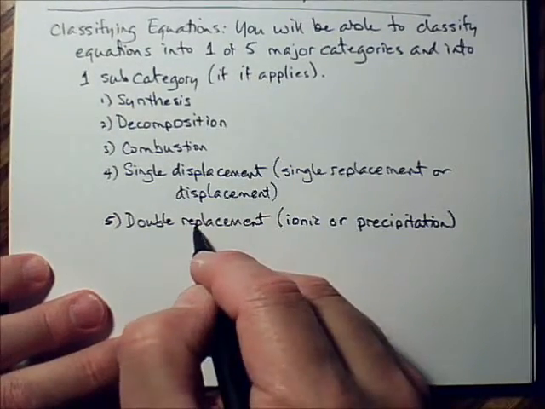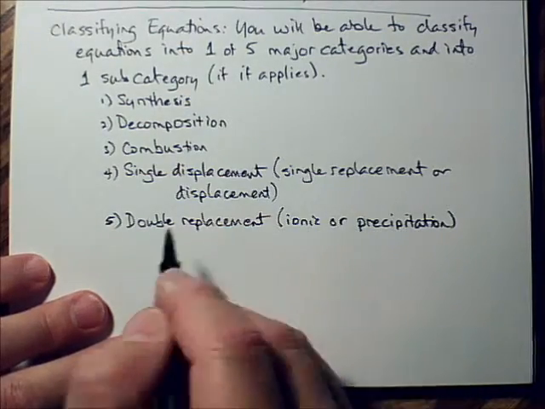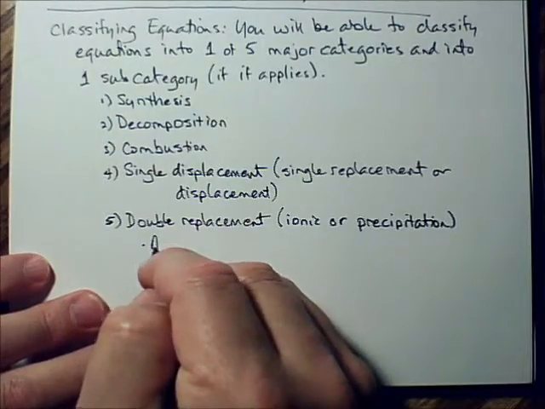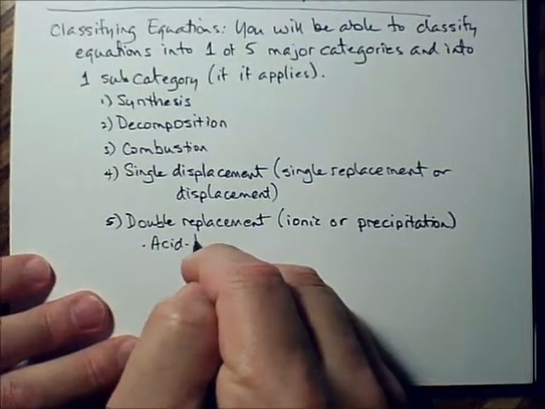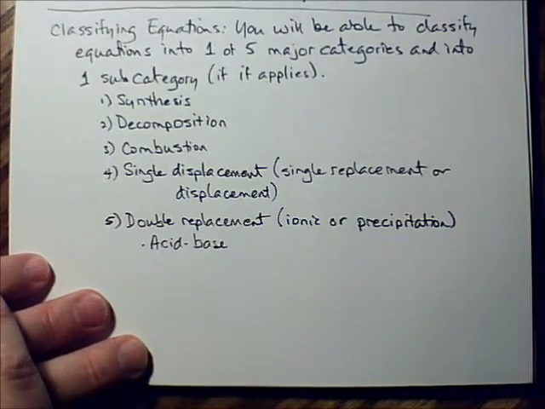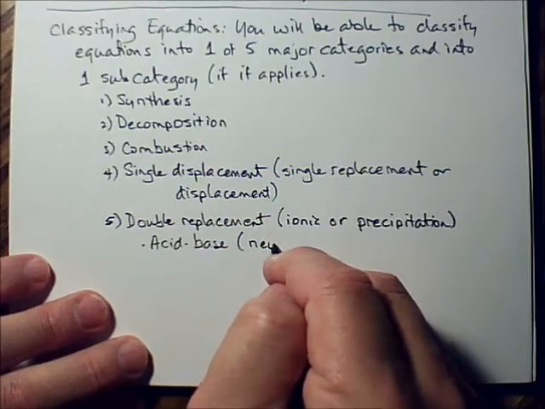The subcategory comes under double displacement, or double replacement rather, and that subcategory is called acid-base. Acid-base is sometimes called neutralization.